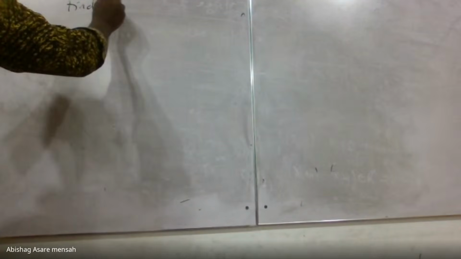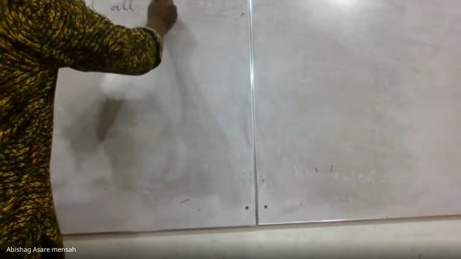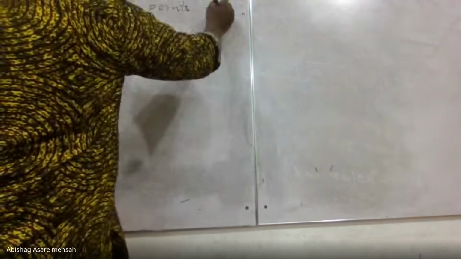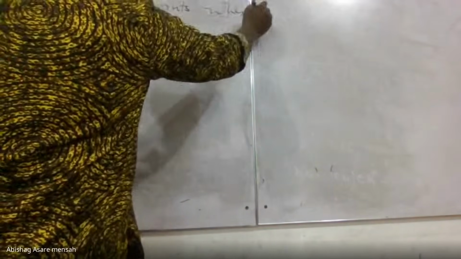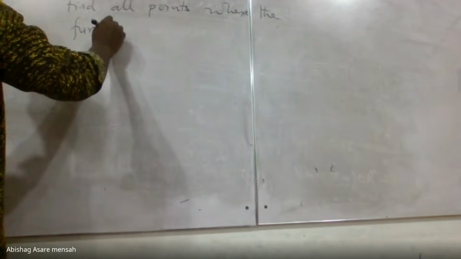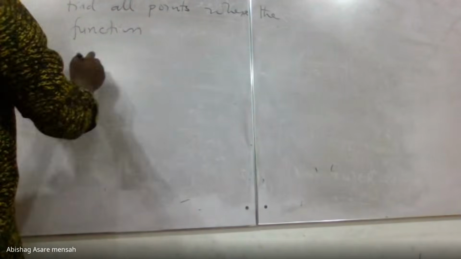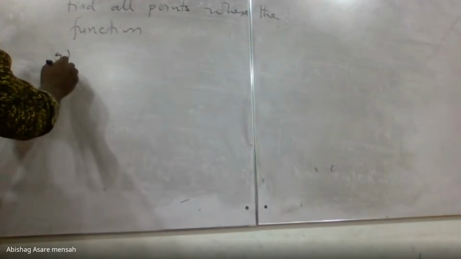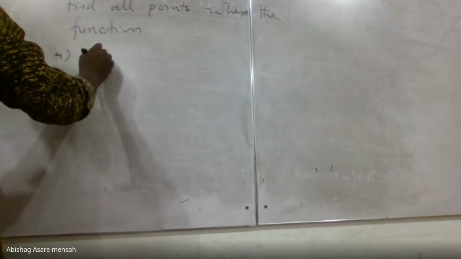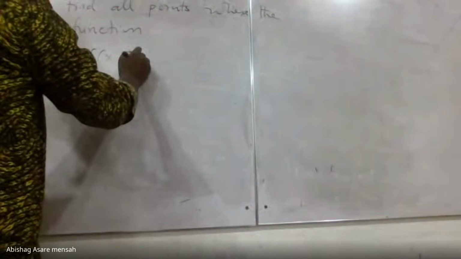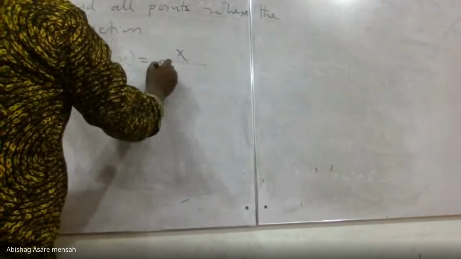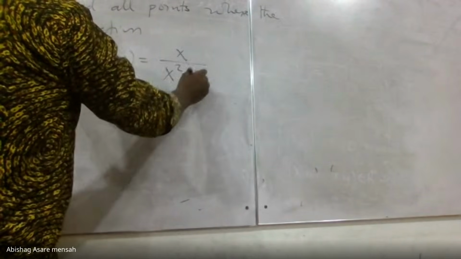Find all points where the function f of x, y equals x squared minus y.